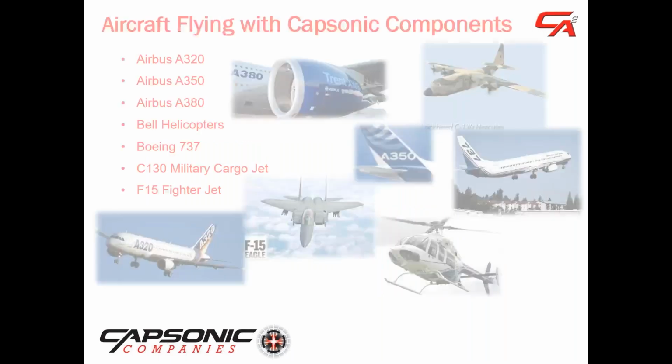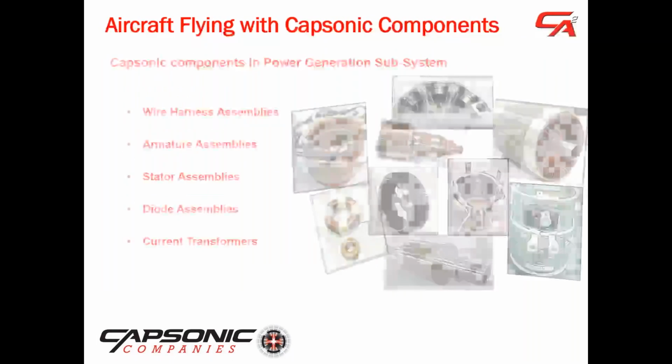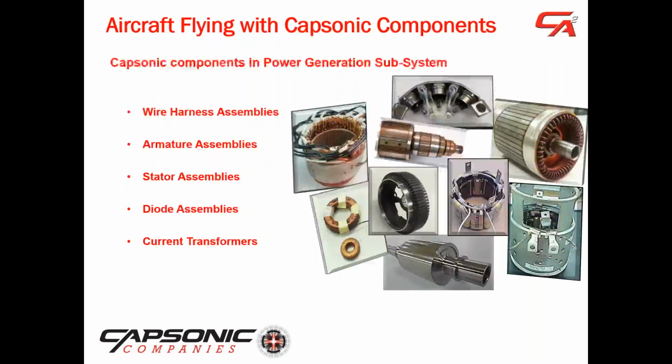We provide products that go into commercial and military aircraft. Actually, if you've ever used the bathroom on an aircraft, you've used one of our vacuum pumps. We make the windings, the cores, we do the machining, and a lot of mechanical design and assembly products within the aerospace industry.